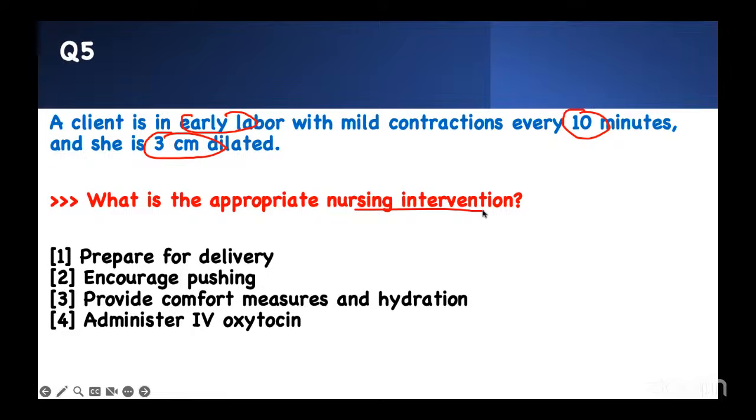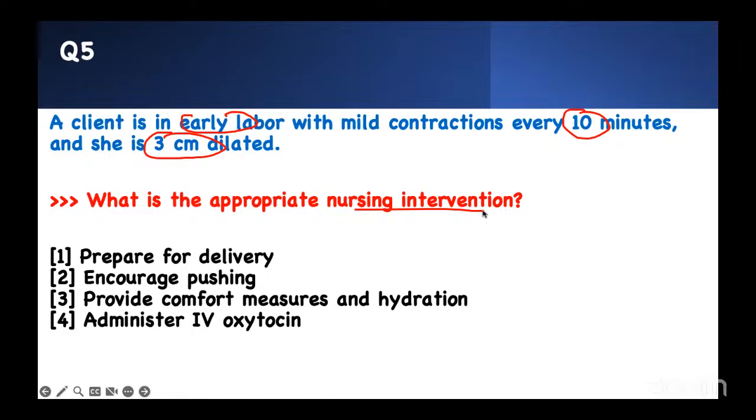You need to identify that first. Then you know what kind of actions you take for this particular stage. What kind of stage is the mommy in right now? Based on early labor, contracting every 10 minutes, and 3 centimeters dilated, what do you think?